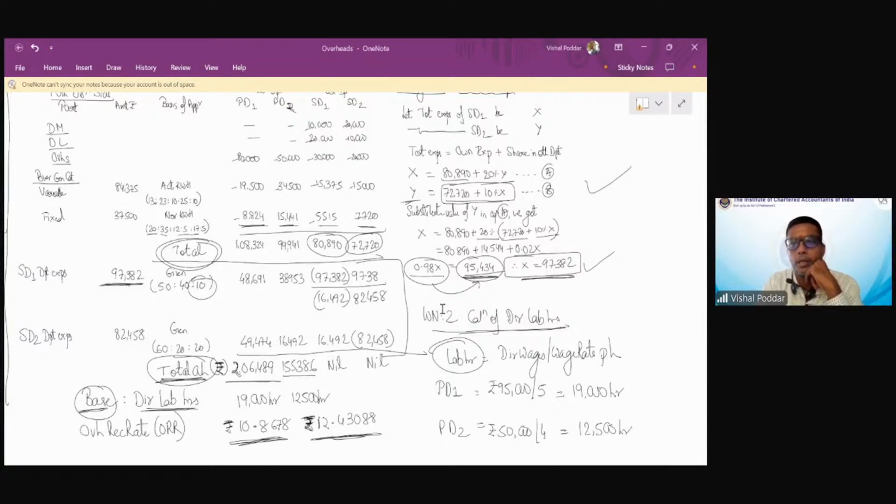Anybody? I'm just randomly taking names from the sheet. Okay, let me unmute one by one.